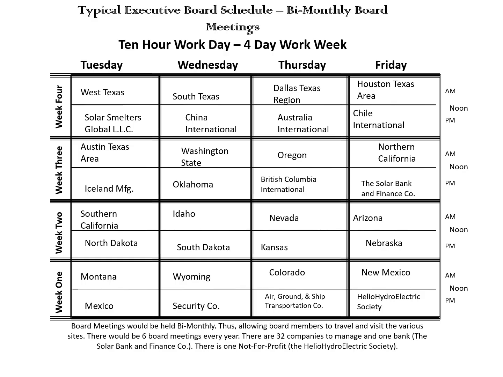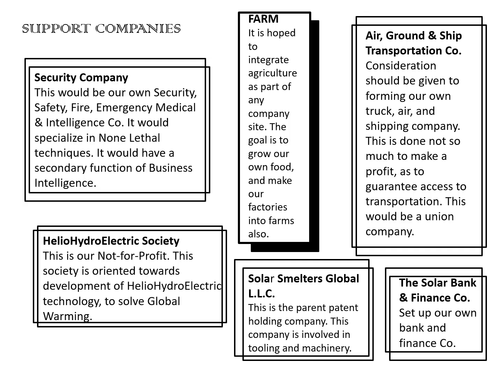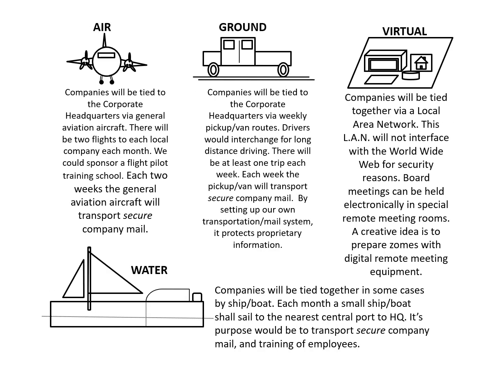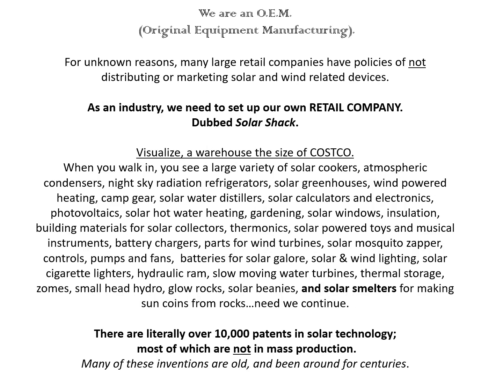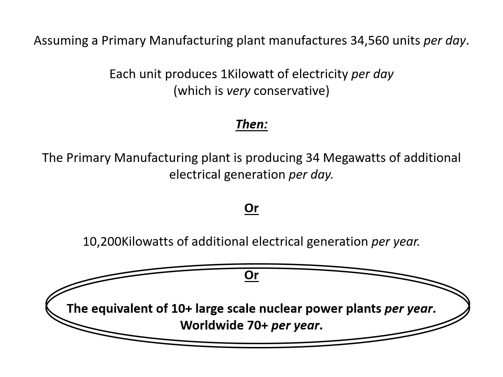And then we'll have sub companies: security, farm, our own bank, not-for-profit, transportation. In other words, it'll be a complete company where we are literally integrated as an original equipment manufacturer, where we manufacture solar energy equipment and use energy as much as possible.